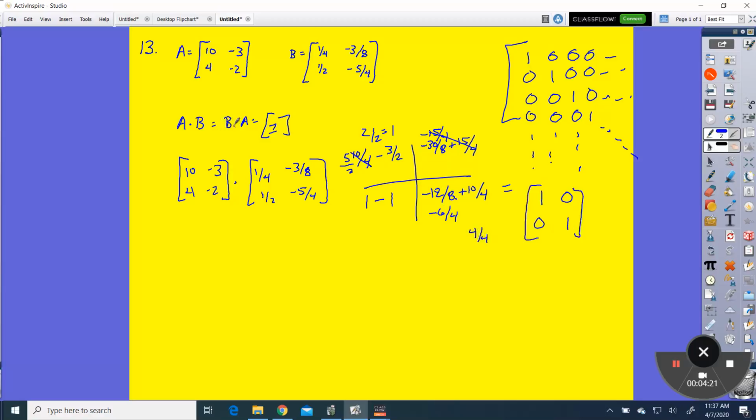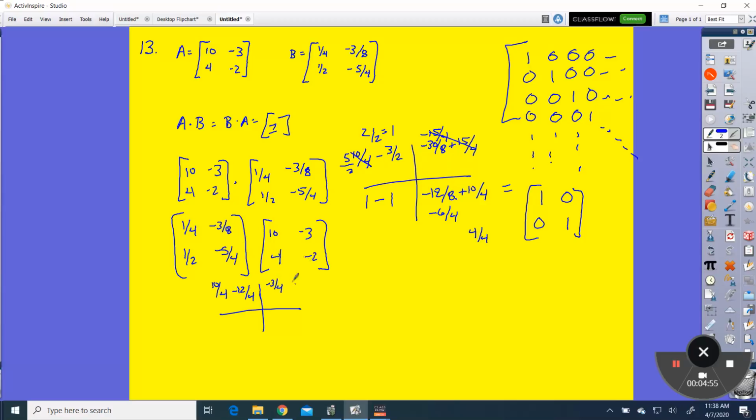Now I need to do B times A. That was A times B. So B times A. So there's B. Here's A. Two by 2. 1/4 times 10 is 10/4. Negative 3/8 times 4 is negative 12/4. 1/4 times negative 3 is negative 3/4.